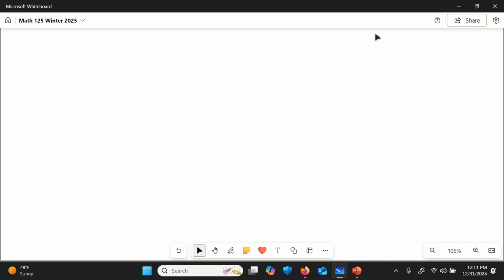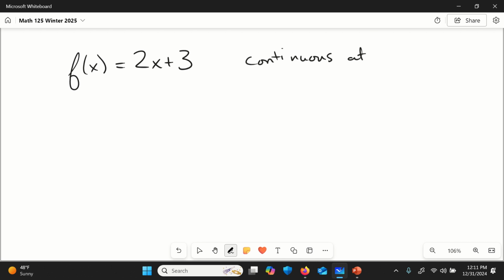So the first example I'd like to show is going to use the function f of x equals 2x plus 3, a relatively simple linear function, and we want to know, is it continuous at x equals 4? So to check if it's continuous, we first want to check the property that f of 4 exists.